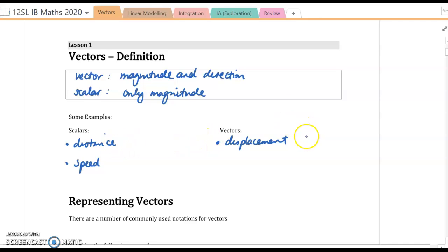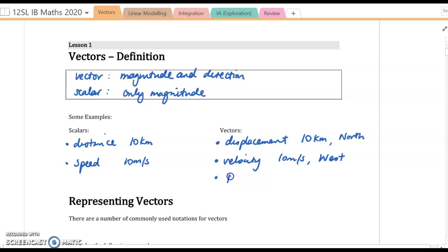Well, displacement would say be 10 kilometers, but also have a direction of travel as well, whereas a distance would just be 10 kilometers. A speed as well might be 10 meters per second, whereas a velocity would be 10 meters per second with a direction as well, so west. Some other ones you will find are force.